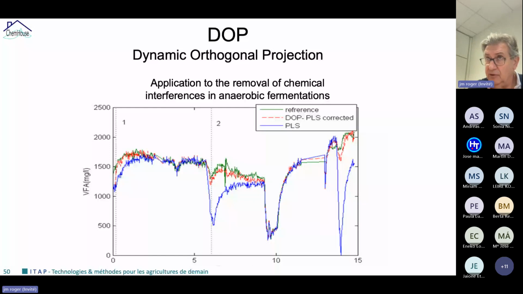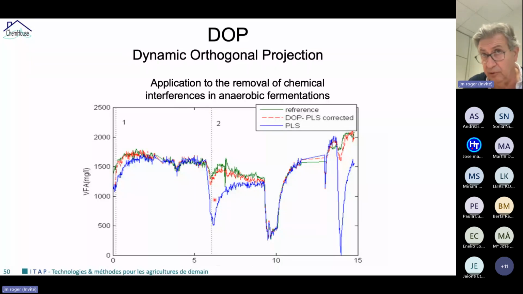And here a second event of ammonia addition with a very, very dramatic negative bias on the blue raw PLS model. When we use only these 2 points, 1 and 2, in order to compute the transfer, we can see that the first point we use is able to correct for the bias very efficiently. But here there is a small deviation.